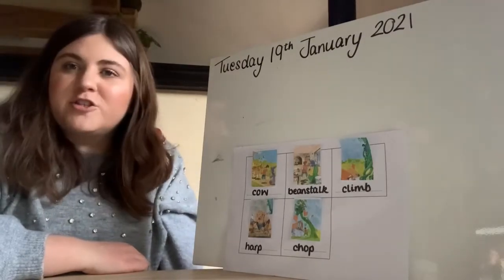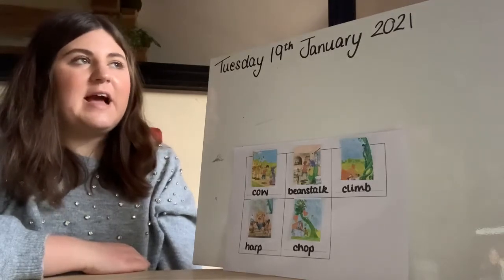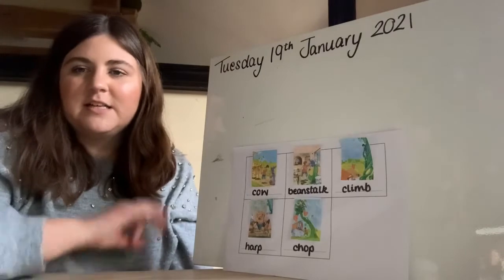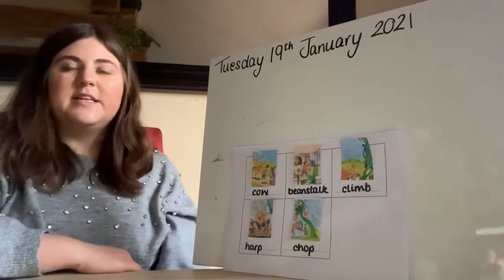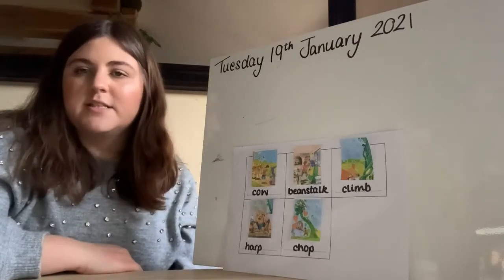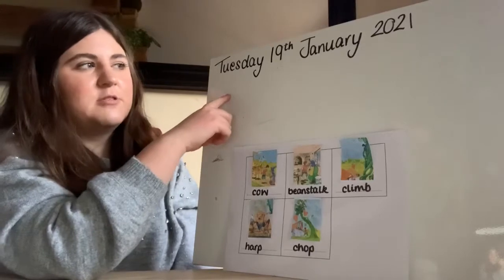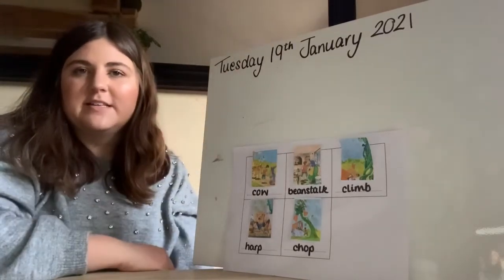Okay, so just to quickly remind ourselves, what do we have to include when we are writing sentences? There's 3 things in particular I'm thinking of. One comes at the beginning, one comes throughout all of our writing, and one comes at the end.